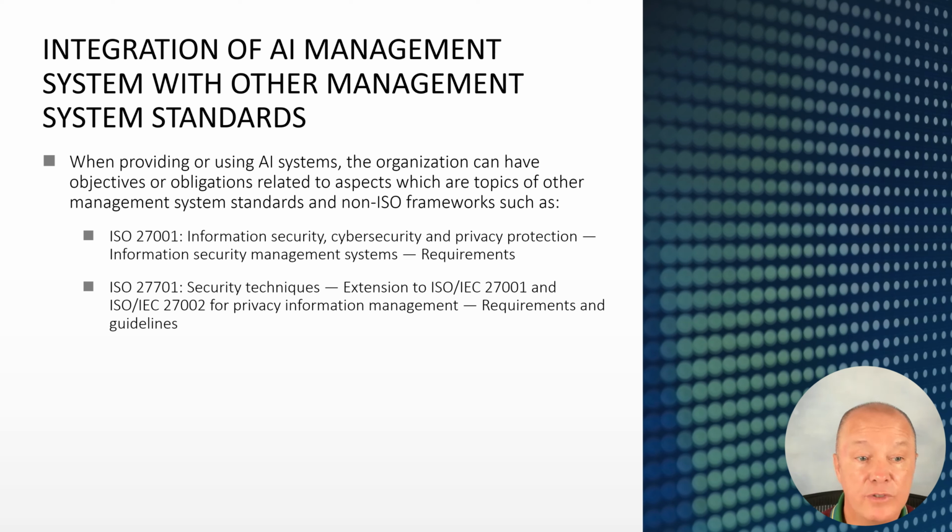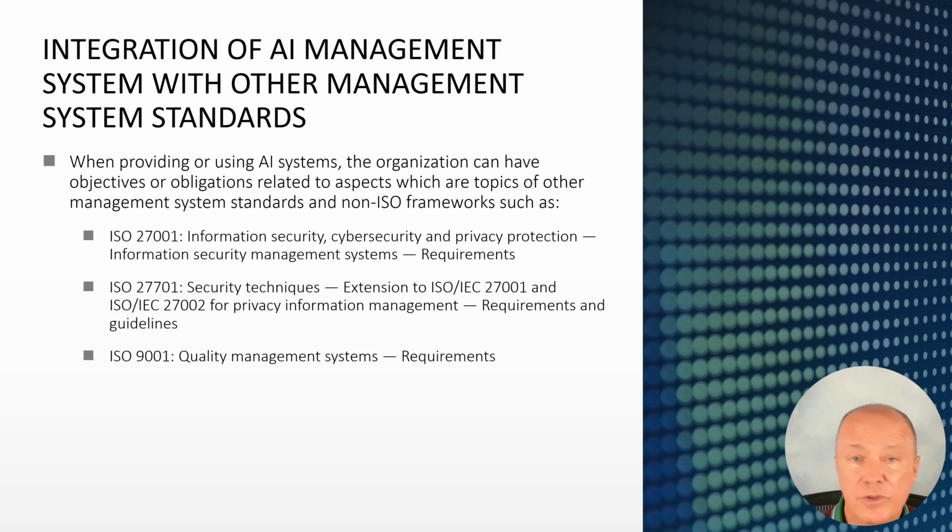We also have ISO 27701, specifically purpose built to help us establish a PII, or personally identifiable information, privacy information management system, PIMS, for extending our information security management system to address privacy requirements.